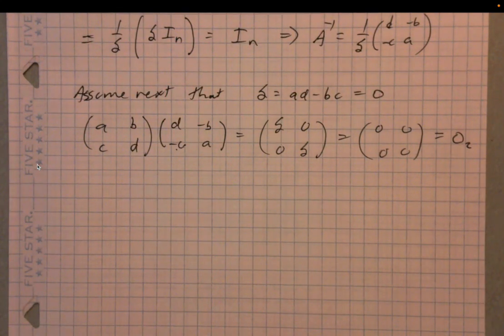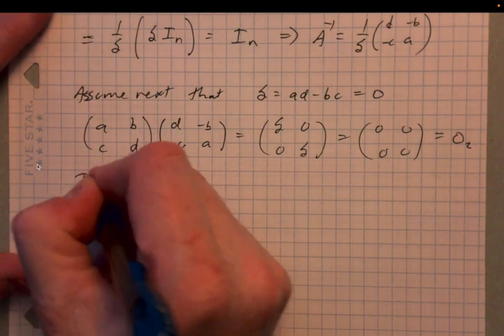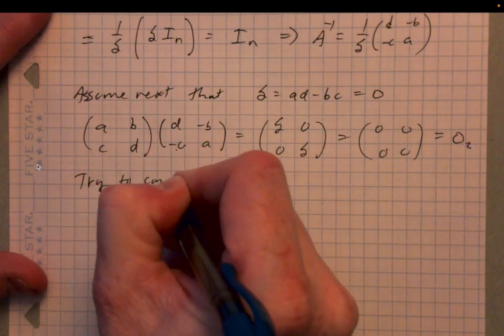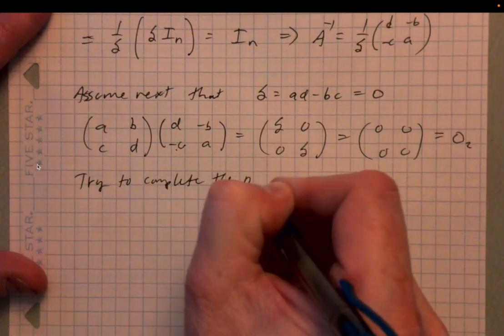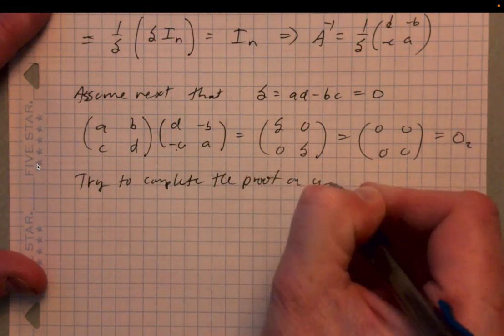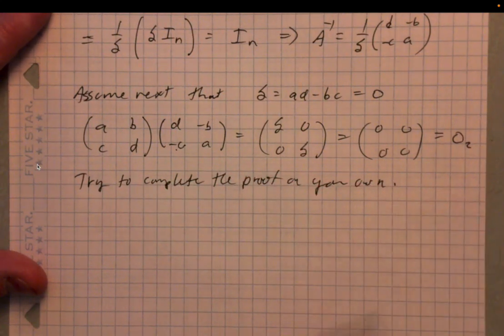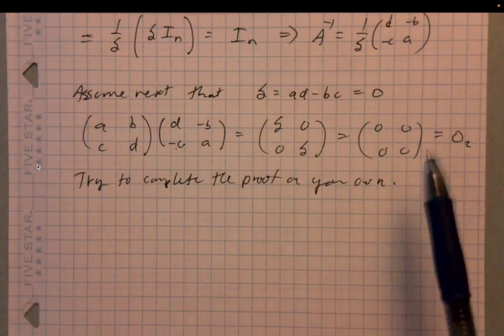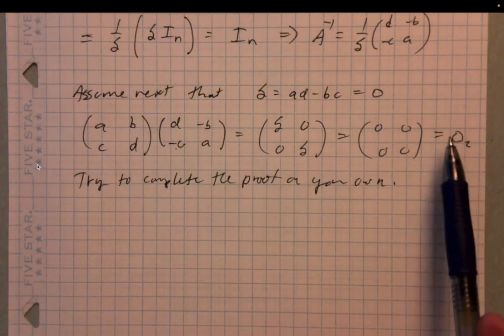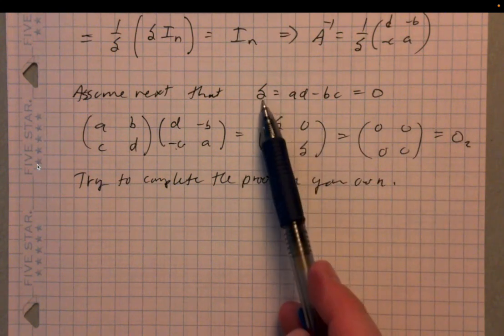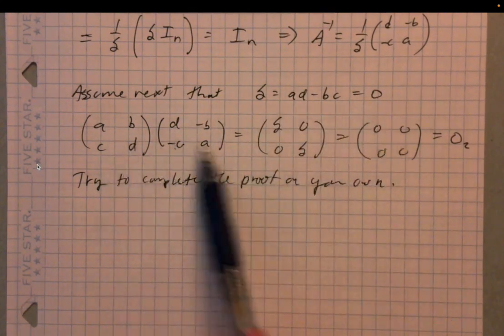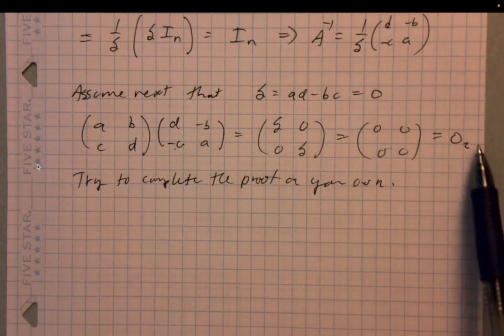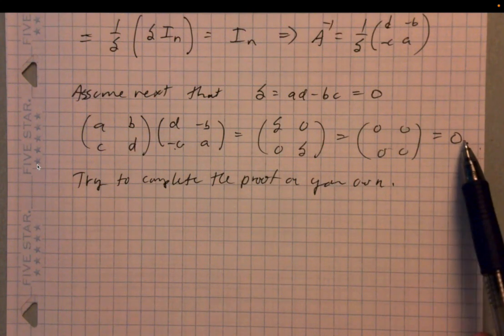Okay, now what I'd like you to try to do is complete the proof on your own. Now, what do you need to show? Well, you just need to show that yes, indeed, if delta is equal to 0, then this form doesn't give me an identity matrix.